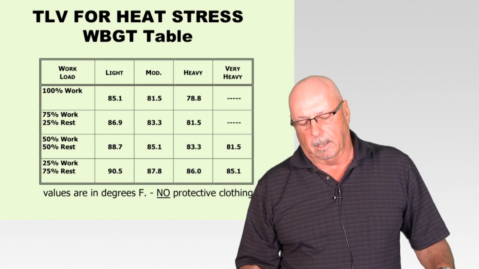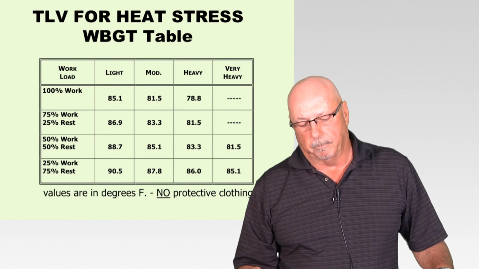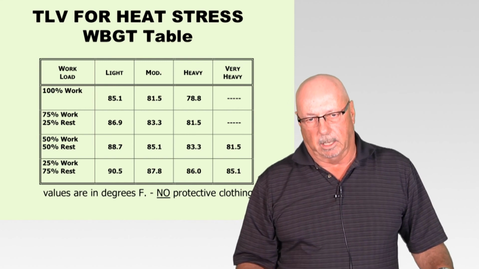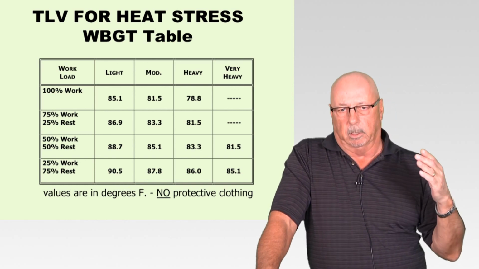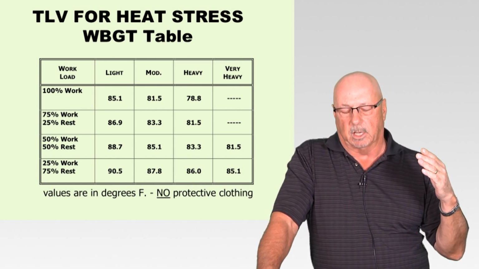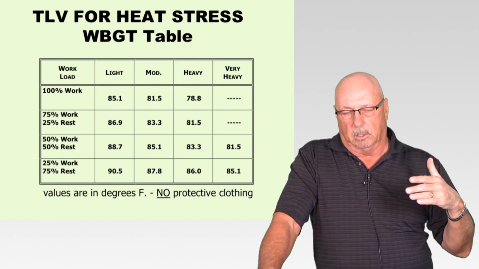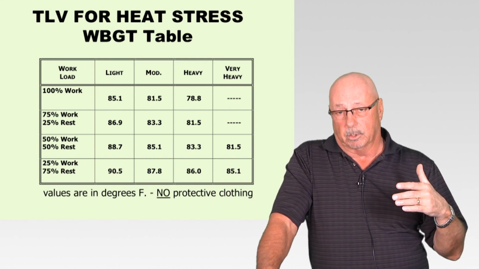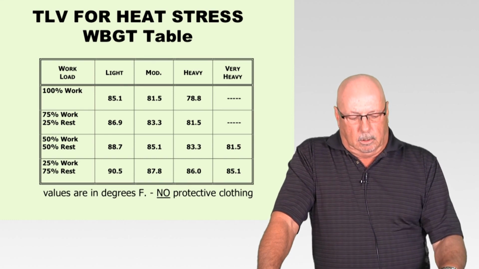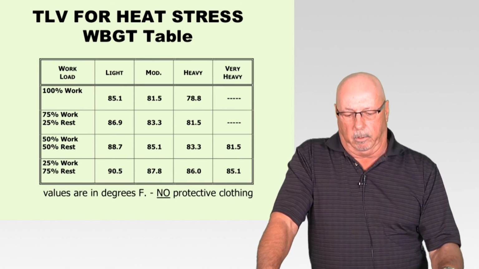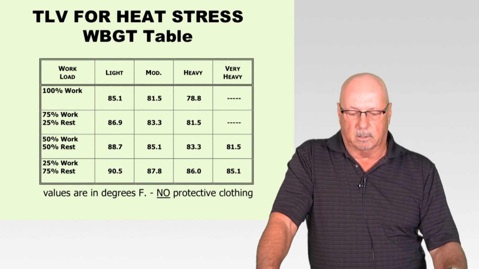And the reason is that we did some studies years ago when I worked for the utility company. We did extensive measurement of WBGT values for outdoor workers, our utility linemen, during the summer months, and we recorded those over several days.